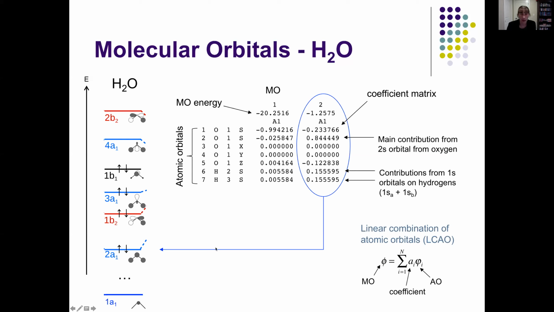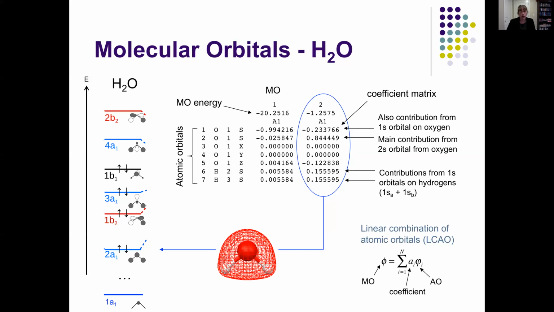And again, they've got a plus sign. They've got the same phase as one another and the same phase as this 2s orbital. In this case, there's also a bit of a contribution from the 1s orbital on oxygen, and a little bit from the pz orbital on oxygen. Anything with the same symmetry is going to mix. The main contributions are that 2s and then those hydrogen 1s's that we'd think about.